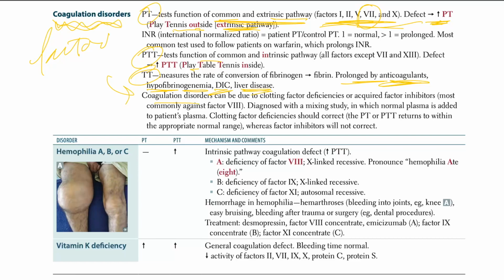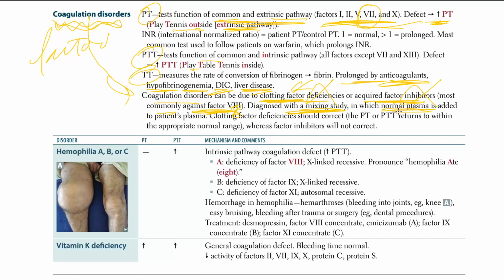Coagulation disorders can be due to clotting factor deficiencies or acquired factor inhibitors. Either you are deficient in clotting factors or you are inhibiting those clotting factors. Commonly, there's a factor inhibitor against factor 5, 6, 7, 8, diagnosed with a mixing study. What is a mixing study?